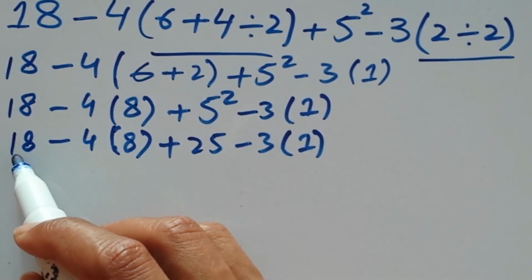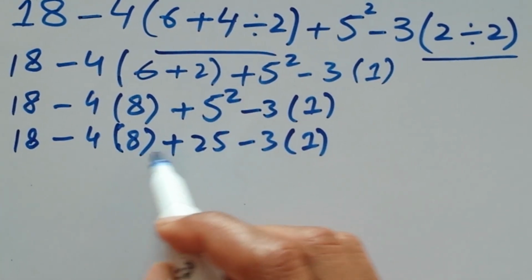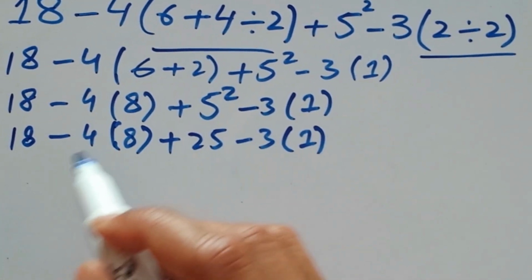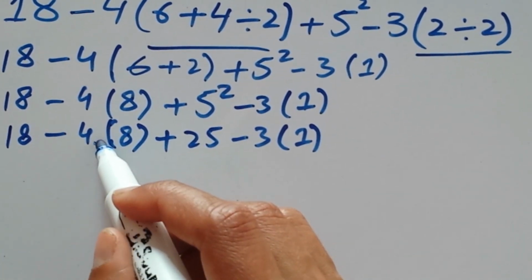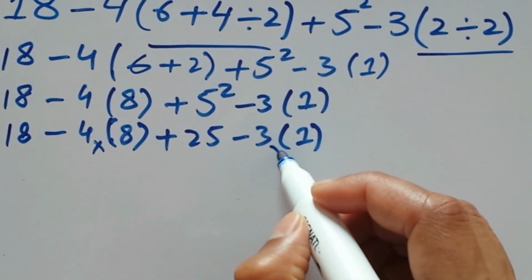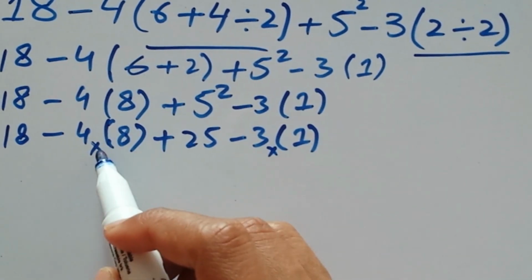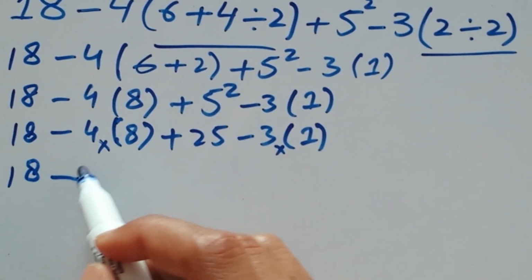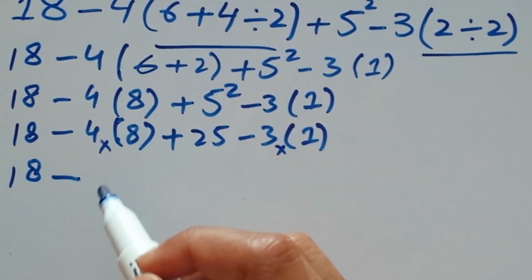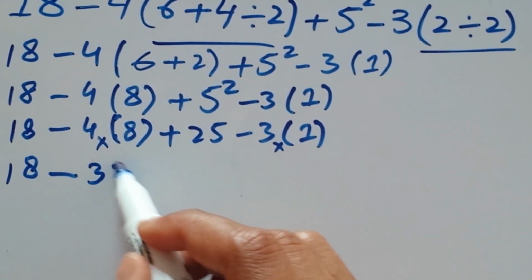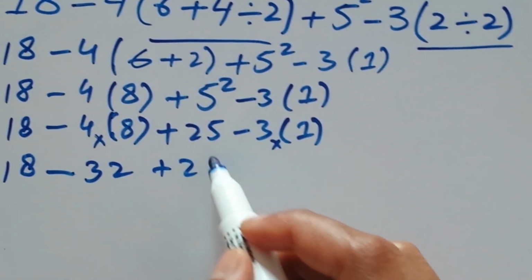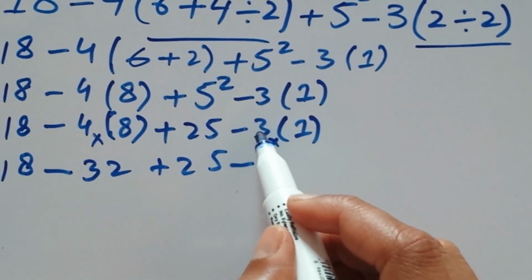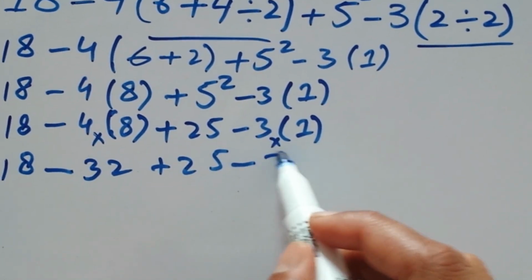Now it becomes 18 minus 4, 8 plus 25 minus 3 and 1. So here is multiply, right, and here is multiply. So multiply first, right. So 18 minus 4 times 8 equals 32 plus 25 minus 3 times 1 equals 3.